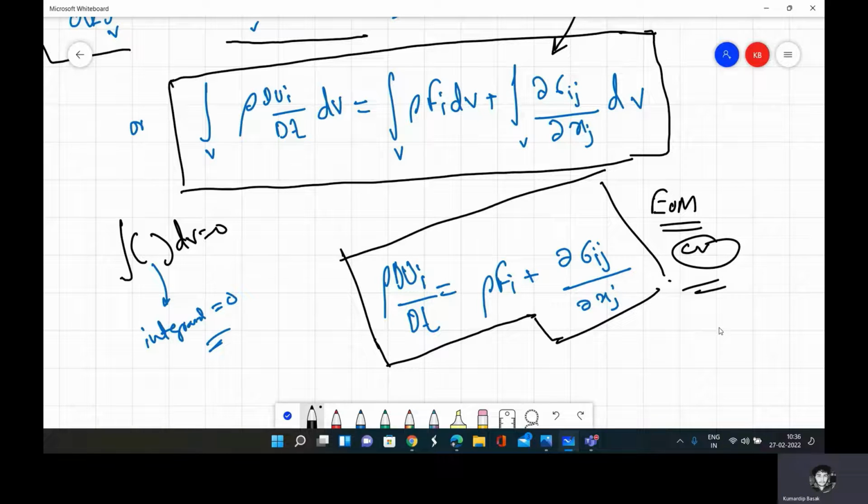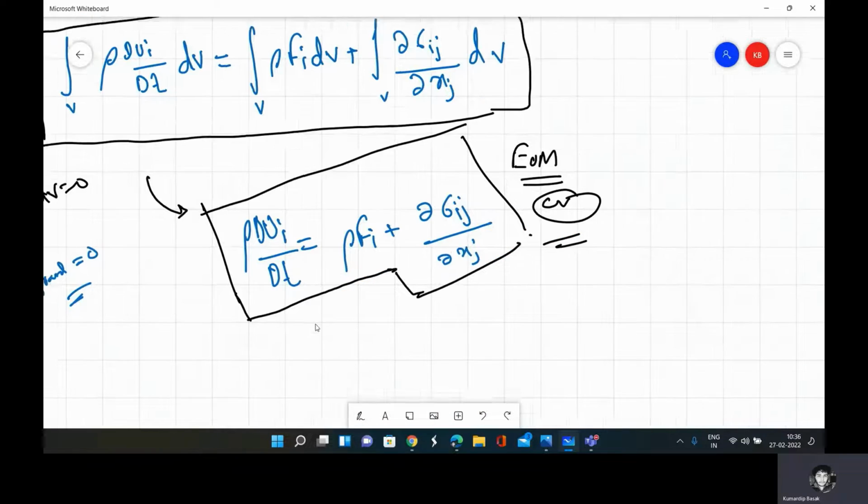This is the equation of motion for that control volume in space, where we are relating the rate of change of momentum equal to the surface forces and also the volume forces.